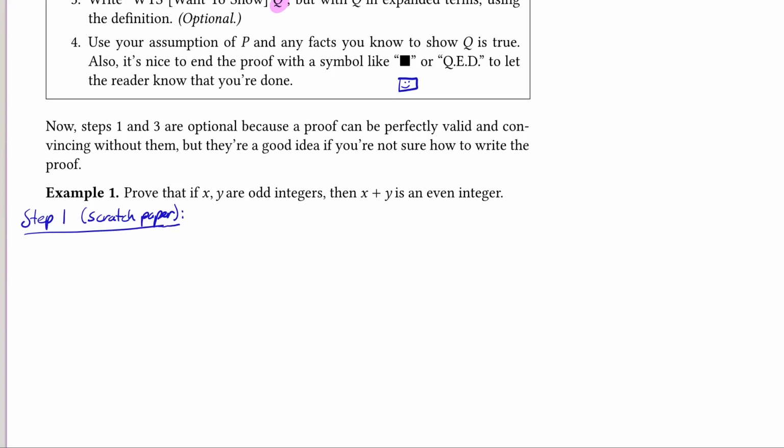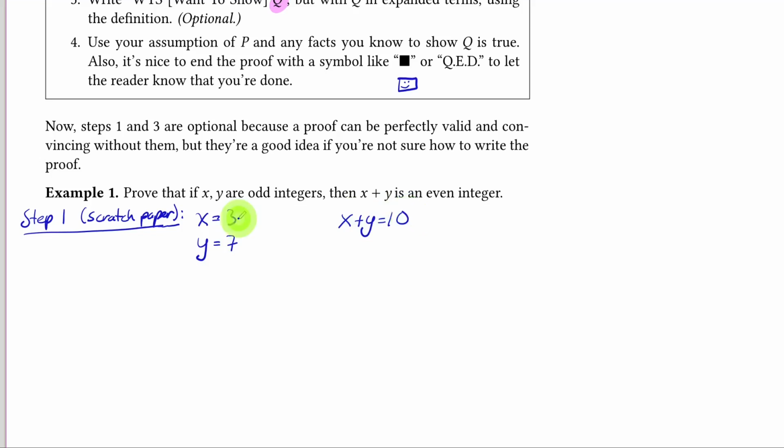Now, by the way, you might have a perfectly good idea why this is true. Maybe you don't need to do this at all, but it's good to think of some examples of odd integers. So let's see. x could be 3, and y could be 7, and that makes x plus y equal to 10, and that is even, right?